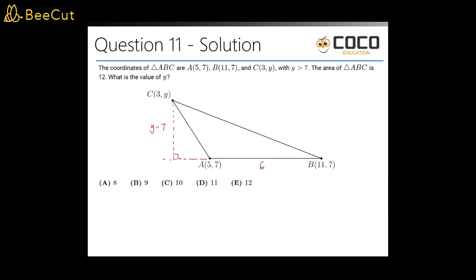So we know that the base times the height times half equals the area. So the height times 3 equals 12. So the height equals 4. Now the height is y minus 7. So y minus 7 equals 4. And y equals 11. So we choose option D.